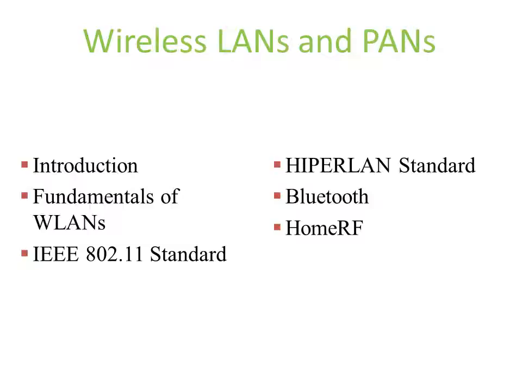Similarly, PANs also require different types of media to transfer data from source to destination. There are different standards available in wireless communication, like IEEE 802.11, HyperLAN, Bluetooth and Home RF. These are the four different elements available at present to work with wireless LANs.